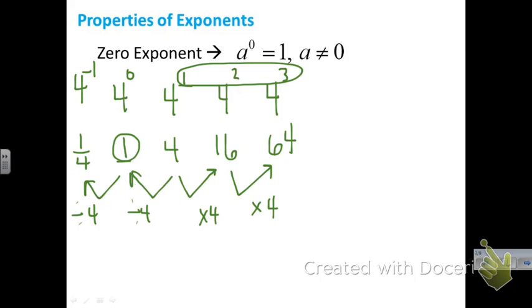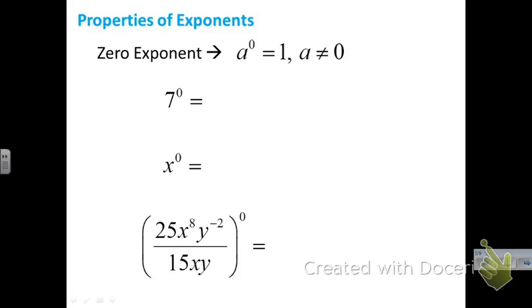And this shows you the last property, that if we have a negative exponent, it will become a fraction. So with all that, let's talk about these examples. 7 to the 0 is 1. X to the 0 is 1, and any complicated thing all to the 0 becomes 1.